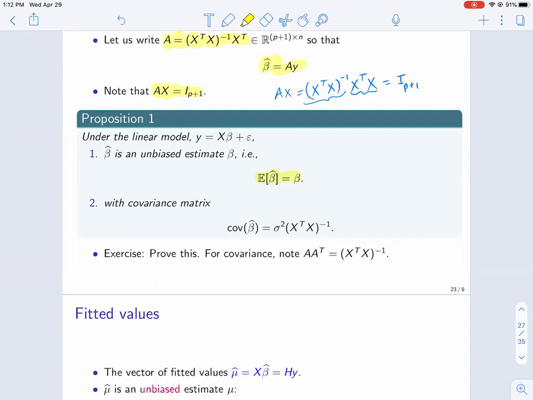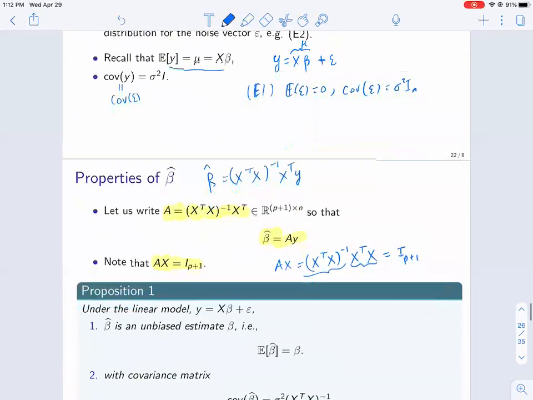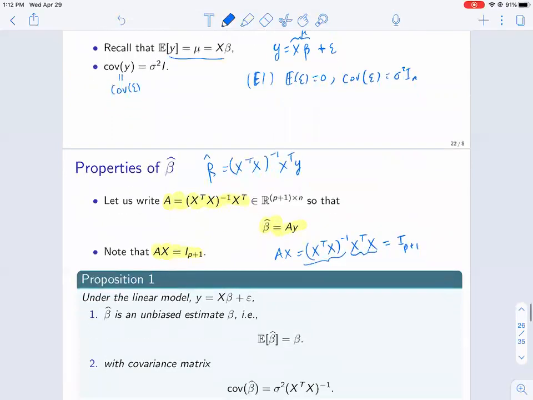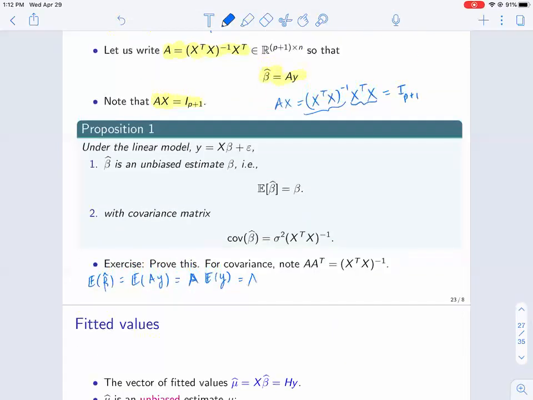By definition, the expectation of beta hat is the expectation of AY, and by the lemma that is A times the expectation of Y, and the expectation of Y is X beta. So you get A times X beta, and A times X is the identity, so you get beta.